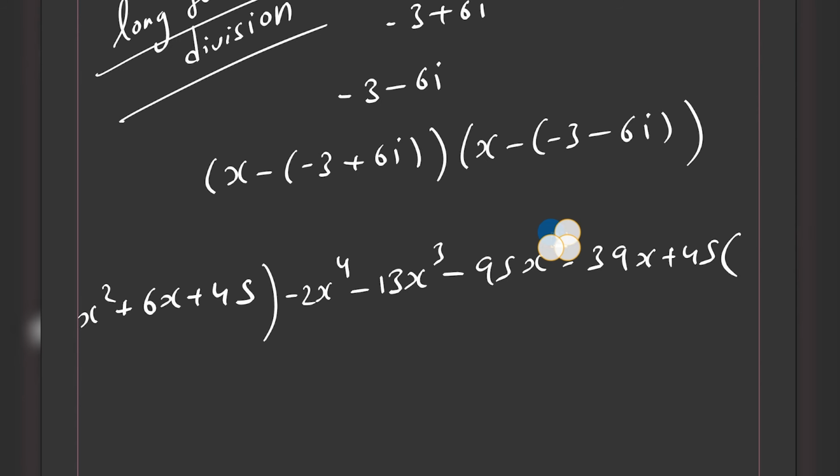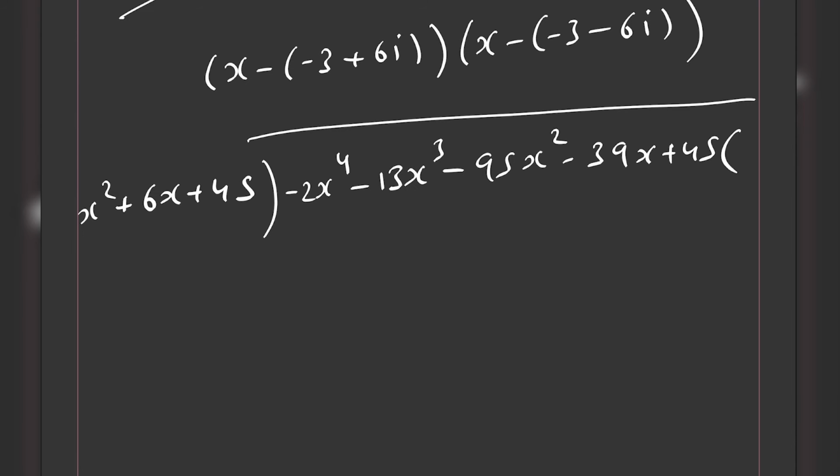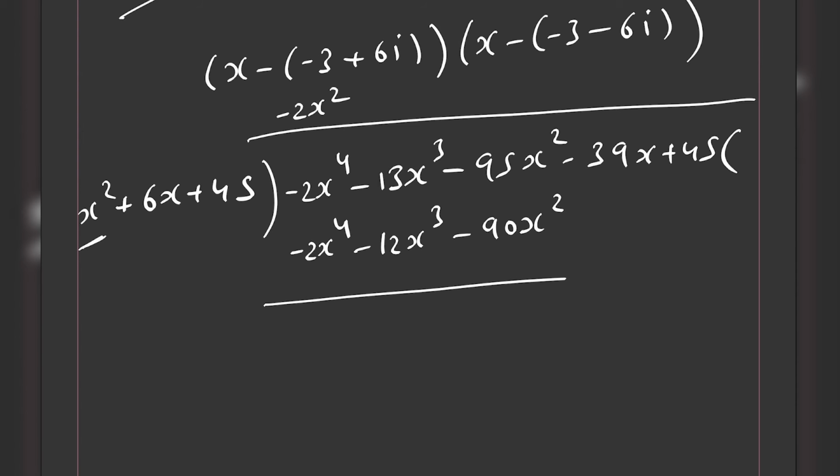Okay, so let's perform our long form division. So first thing is minus 2x power 4, so I gotta multiply x square with minus 2x square, right? So minus 2x to the power of 4. 6x times minus 2x square is going to be minus 12x cube. 45 times minus 2x square is minus 90x square. So now you're subtracting both of them, so put a minus in between.